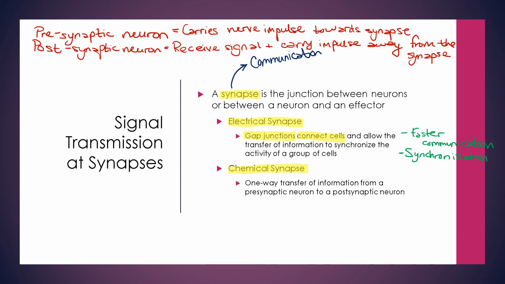The time required for the action potential to come to the synaptic cleft, for the neurotransmitters to cross the cleft, and then for the action potential to fire in the postsynaptic neuron is referred to as synaptic delay. We see this synaptic delay in the chemical synapse because of the time it takes these chemicals to move, but we don't see a synaptic delay in electrical synapses. And so chemical synapses are much slower than electrical synapses.